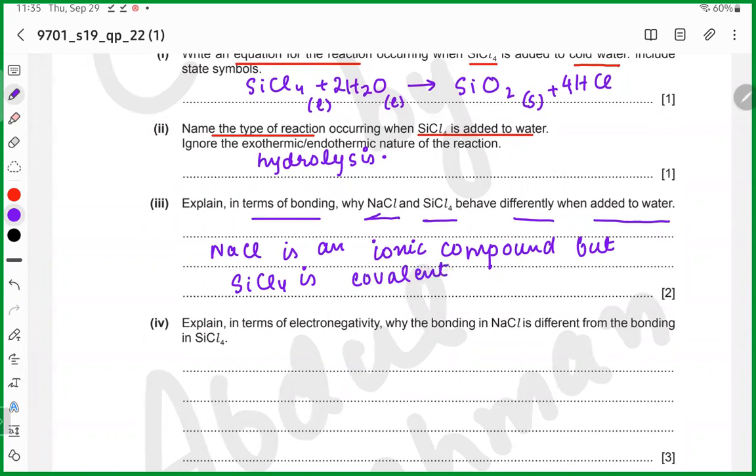So it must be a simple molecule with weaker attraction. That's why they have different reactions with water. Is this clear to everyone? Yes, sir. Okay.